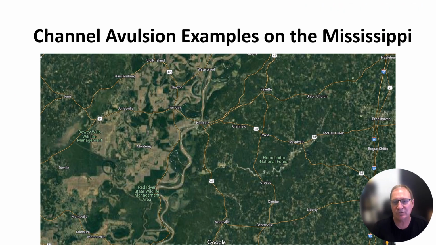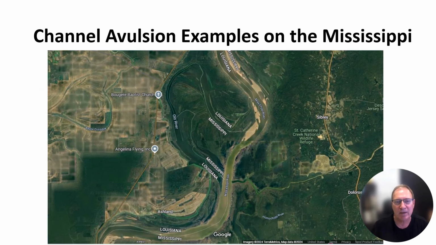Channel avulsion. So let's talk just a little bit about channel avulsions. When you look at this image, nothing immediately comes to mind other than you see the town of Natchez, Mississippi, and the Mississippi River. Let's look a little bit closer, and you'll see how the river, through avulsion, has redirected itself here, allowing parts of the state of Mississippi to actually be west of the Mississippi River.